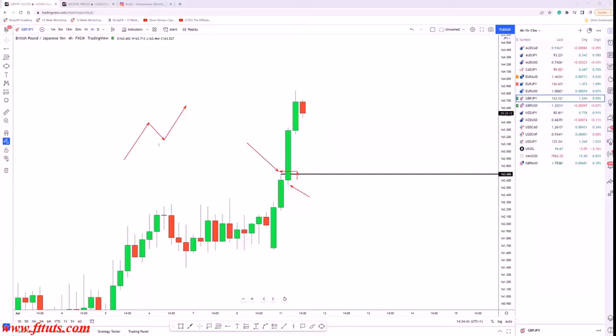Now, if I went down to the 30-minute or 15-minute time frame, what pattern would this be? Break and retest. Correct. From an hourly, 30-minute perspective. If I went down to the 15-minute time frame, what kind of patterns do you think I'm going to get here? Maybe a double bottom.